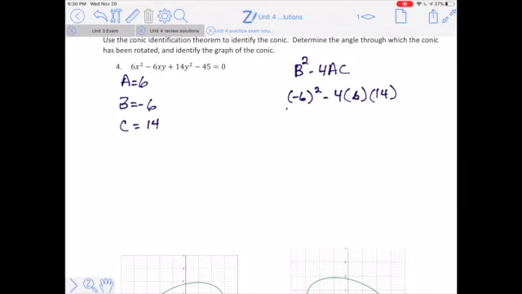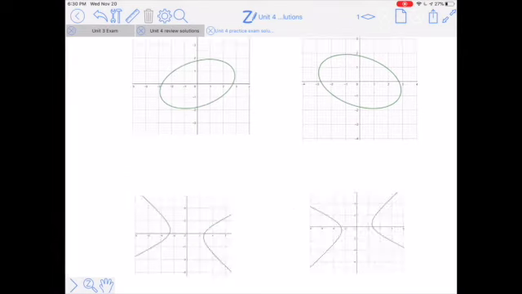And really, the actual number here isn't what's important. All that matters is, is it positive, negative, or does it equal 0? And just looking at this, looks like it's going to be negative. And that's all you need to know. Is it negative, is it positive, or is it 0? I know it's not 0 because 4 times 6 times 14 isn't 36. So I'm going to say that this is less than 0. What does that tell me? Yeah. It means this is an ellipse. So right off the bat, I know it is not either of those.